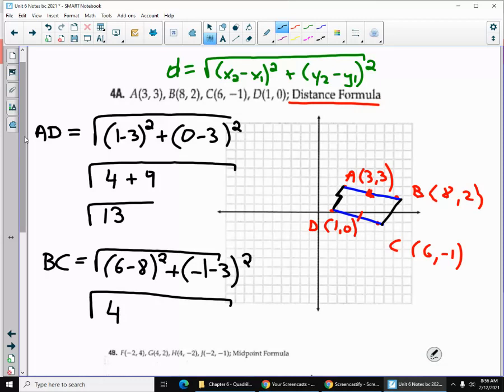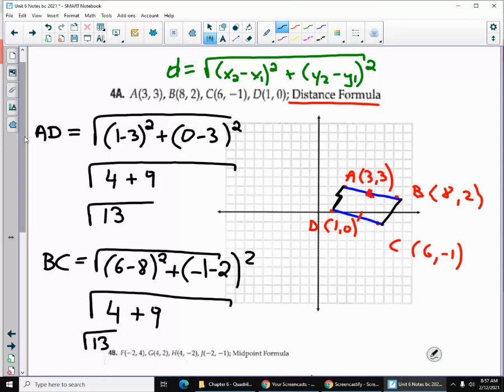Oh, I made a mistake. I see it's not going to work. This is not minus 3. This will be minus 2. So negative 1 minus 2 is negative 3. Negative 3 times negative 3 is 9. And 4 plus 9 is 13. So this will be radical 13.